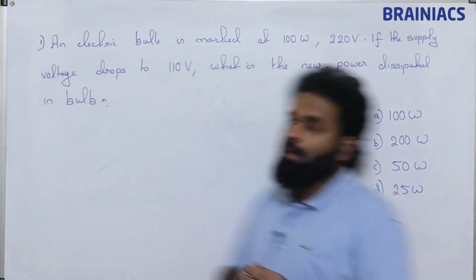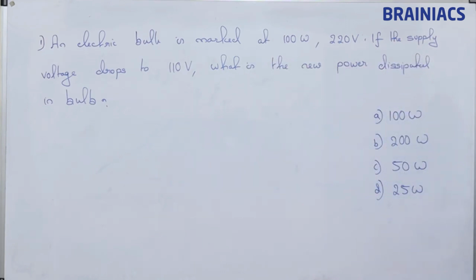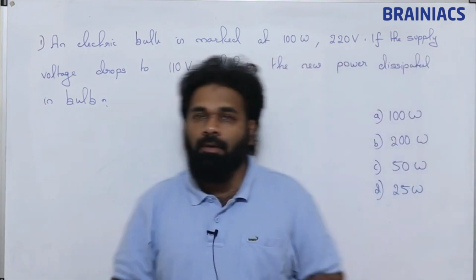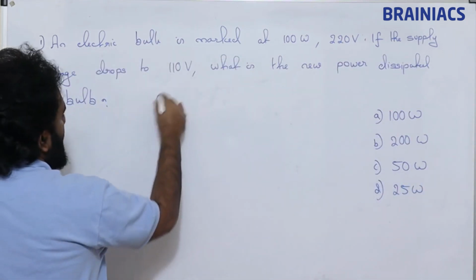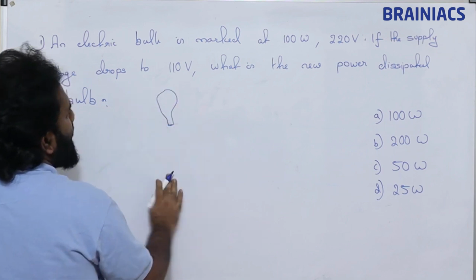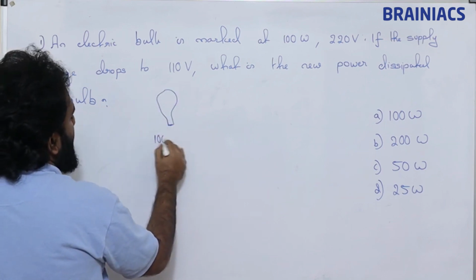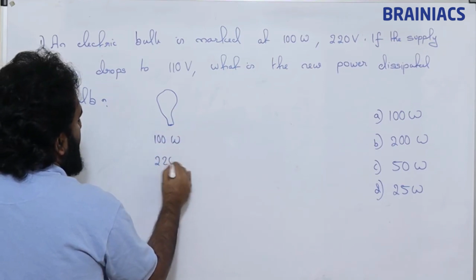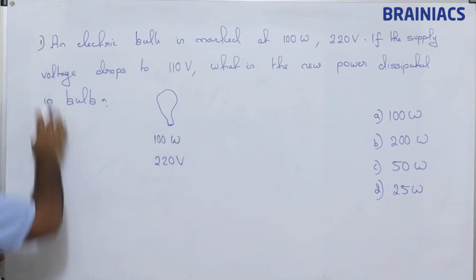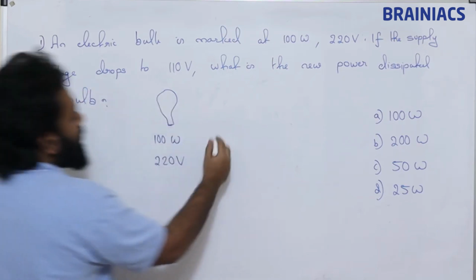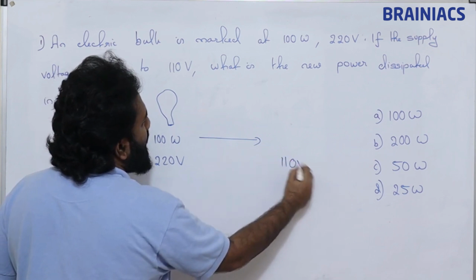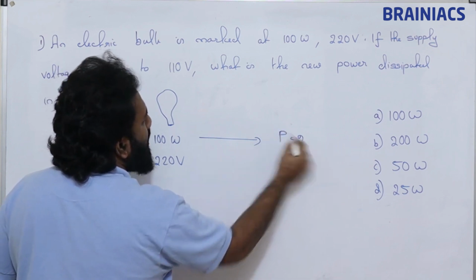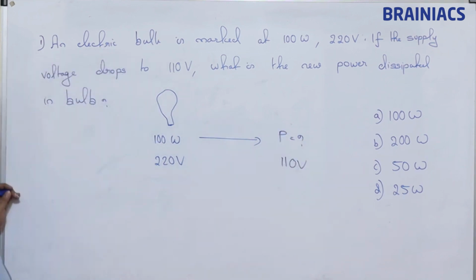Take this question. An electric bulb is marked 100 watt 220 volt. If the supply voltage drops to 110 volt, then what is the power dissipated in the bulb?